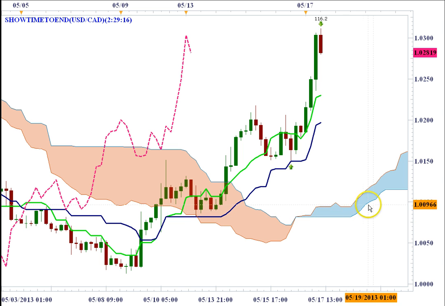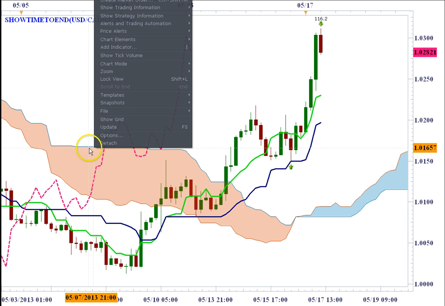So it's the outline of the cloud, the whole outline of the cloud. So your bottom line and your top line, those are your Senkou Span lines. So let's take this chart as if we're just starting this whole thing.